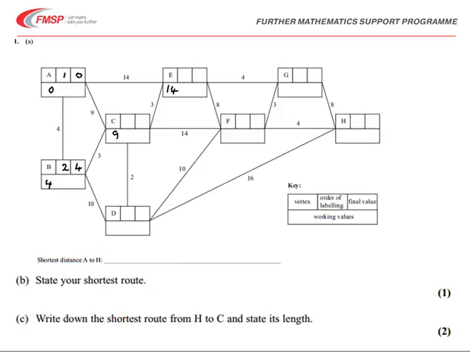Working from B, the last point that was labelled, we would then work forward to all other points that we can reach. So from B we can reach D, which is a total length then of 14, and we can also reach C with a total of 4 plus 3, which is 7. So that becomes a new value for point C. Now you can cross out the 9.